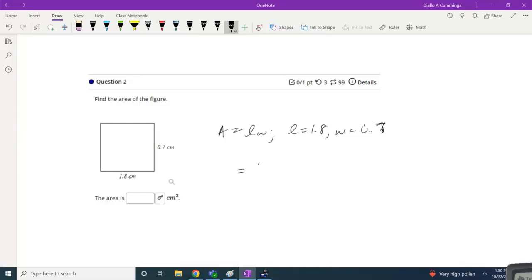So if we multiply 1.8 times 0.7, I believe we're going to get 1.26.